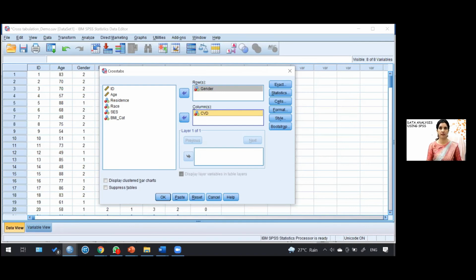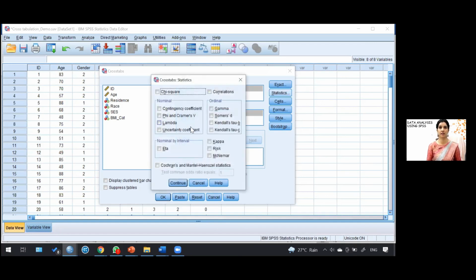Now there are various options here, but we will use only two options, that is Statistics and Cells. We don't have to use any other option in this crosstab. So go to Statistics. You can see there are many headings under which we can check the box. First only check this chi-square, and then there is another value, this Phi and Cramer's V. This Phi and Cramer's V tells you about the magnitude of association.